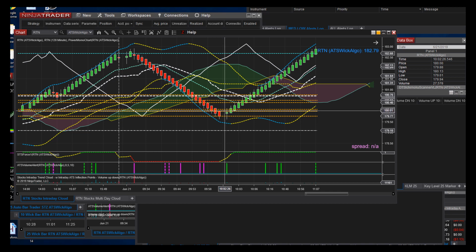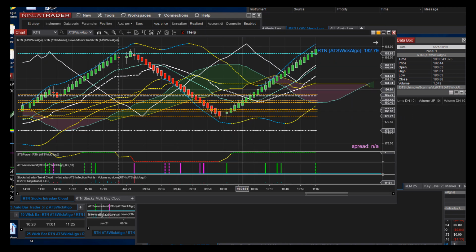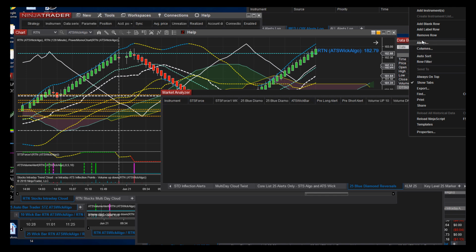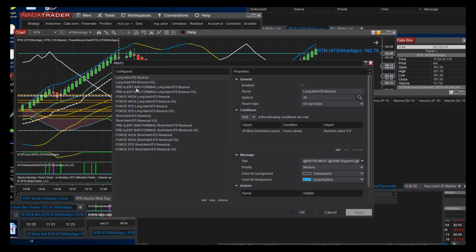Once you get the wick and you get it above this right here, it will set that alert off, if the volume has already created a 10 bar high intra bar. That's how that alert works. So that will give you a pre-alert. We got a pre-alert, bar forming long with volume.